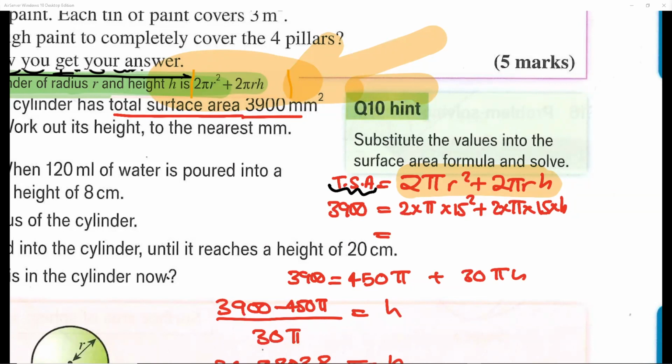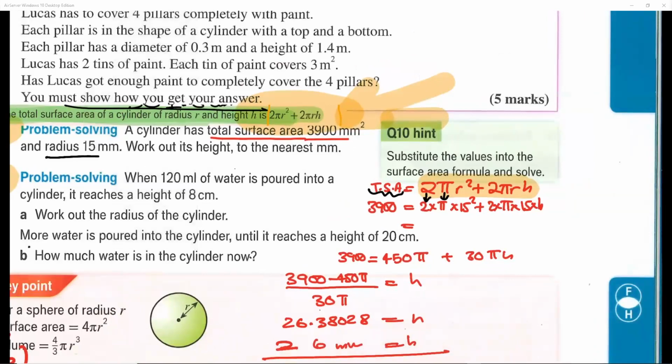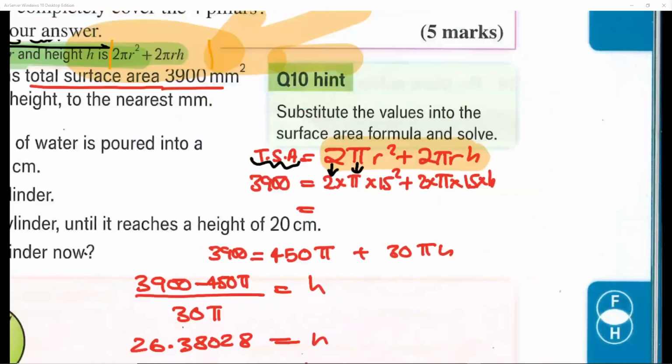And then we know what the 2 is, we know what the pi is. What's the radius in the question? 15. So where you see the radius, you put the 15 in. And which bit do we not know? The height only.